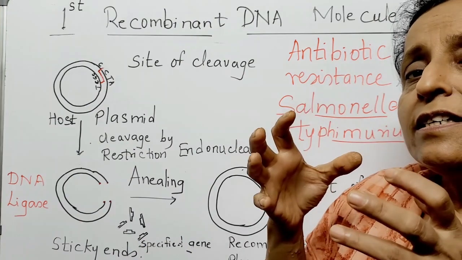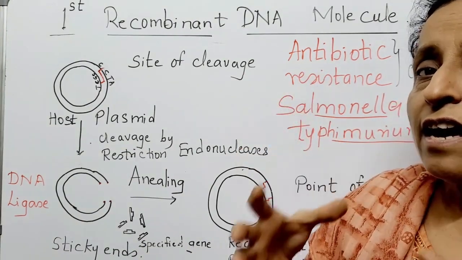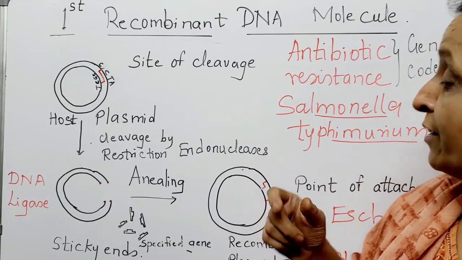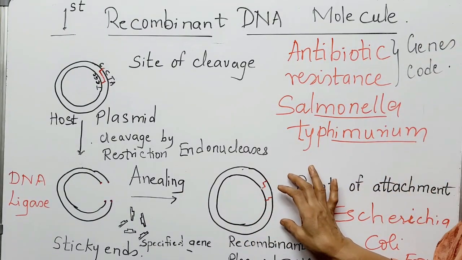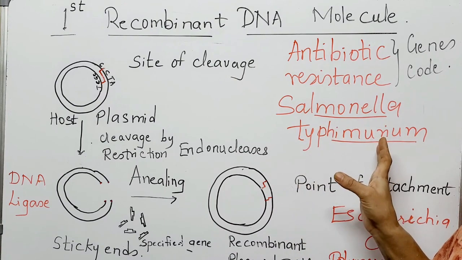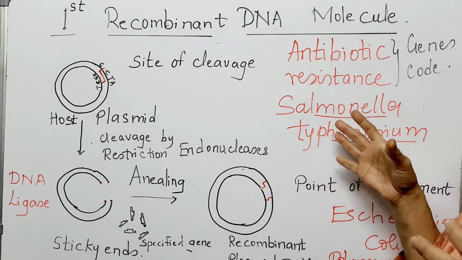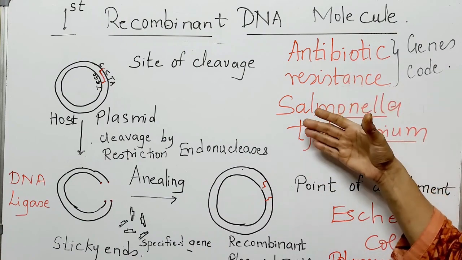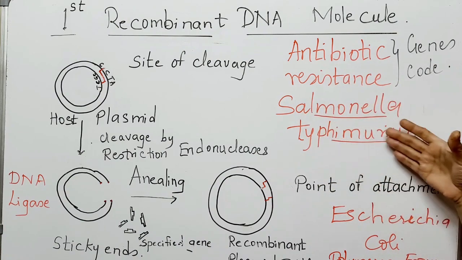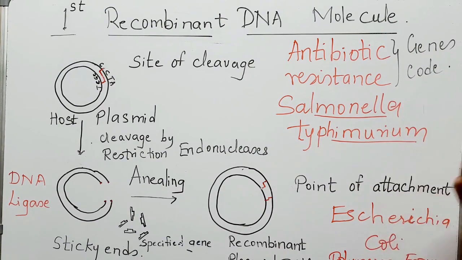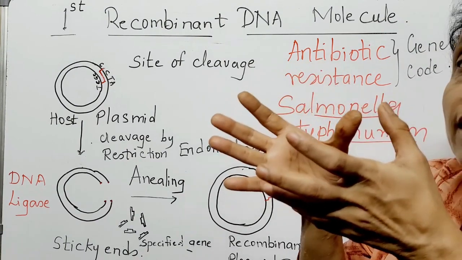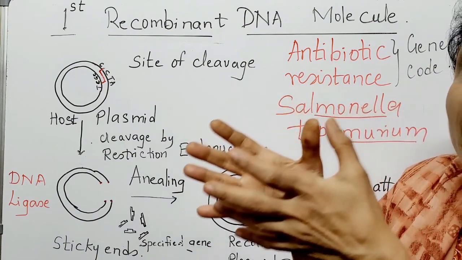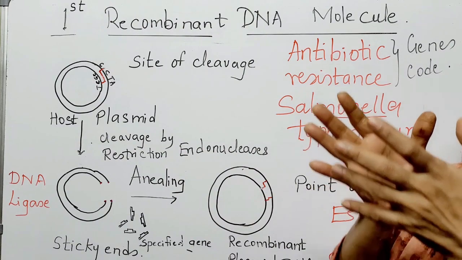Once this DNA with the desired character of antibiotic resistance is made, it will be put in the desired cells. The desired cells were Escherichia coli, which is very similar to Salmonella typhimurium. Once the plasmid enters Escherichia coli, the plasmid acts as a vector in making it enter.